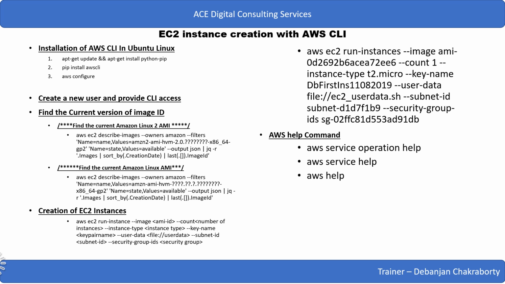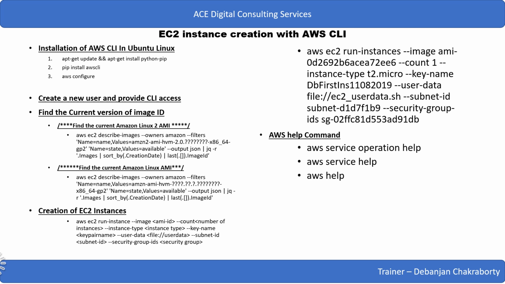Here, first I need to update the operating system, and once it is done, it will create the AWS CLI packages. AWS CLI has been written in Python, so you need to first install the Python packages.